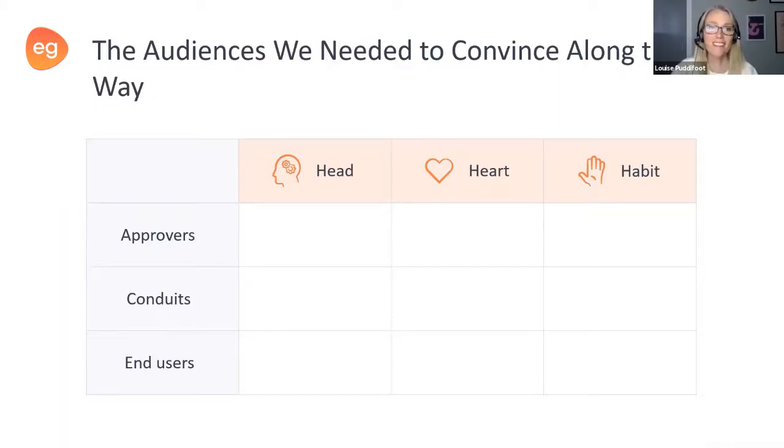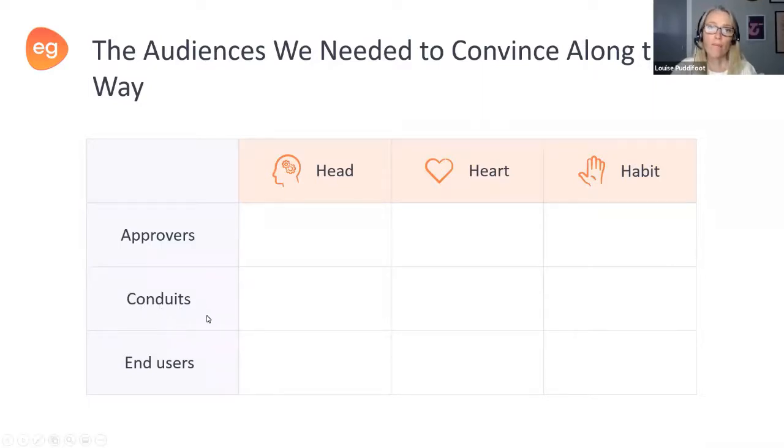The heart is the feeling, the why, the emotion, the what's in it for me, the call to action, whatever the good or the bad factors are that are involved. And then the habit is the doing, how you do it, how you make it easy to implement the change on a day-to-day basis, and the detailed steps that are going to be involved.